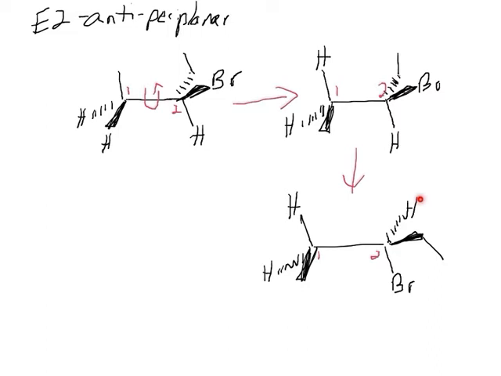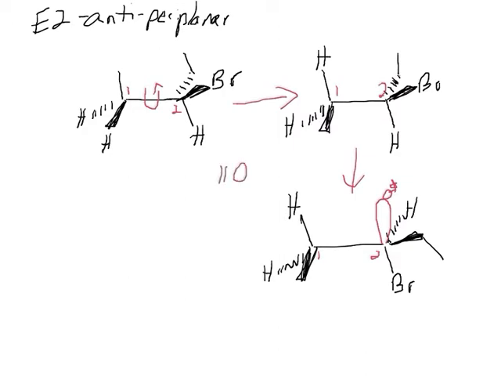Now, why anti-periplanar? To do an E2 reaction, you need to get the leaving group bond to break. You need to have the carbon-bromine bond break. What's the only way to break a bond? Put electrons into the sigma star, or the antibonding orbital. Well, where is the sigma star? The sigma star is 180 degrees away, so it has to be lined up perfectly.